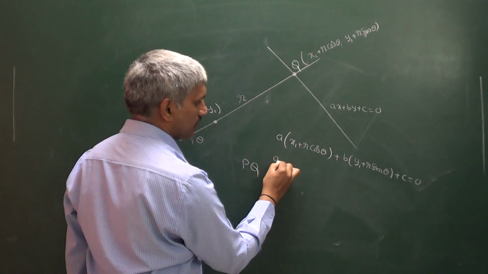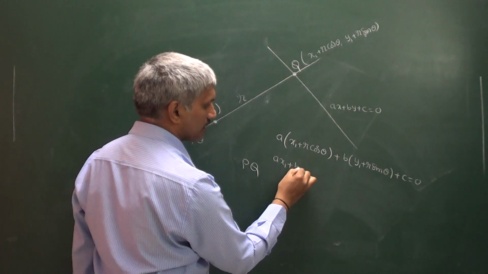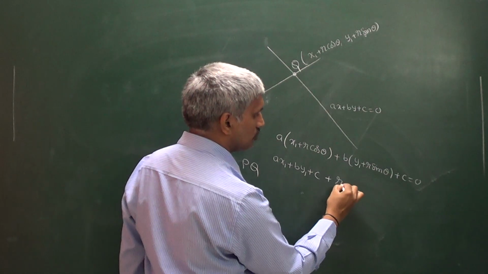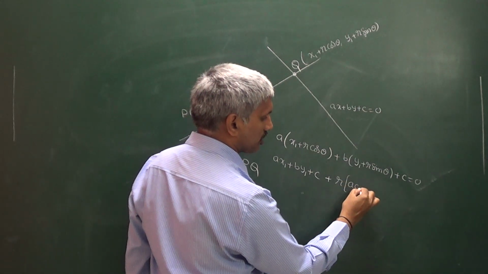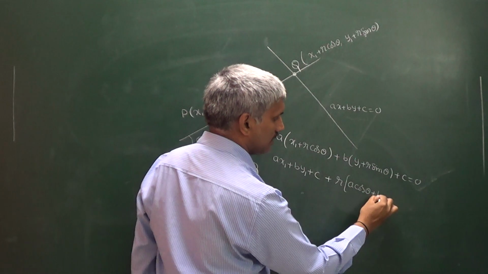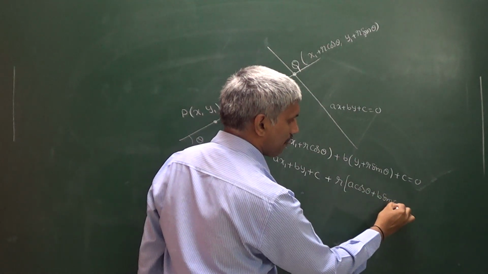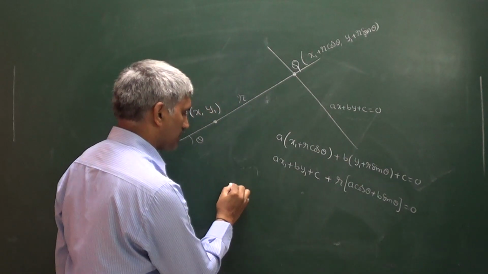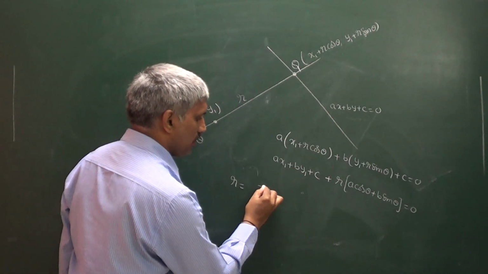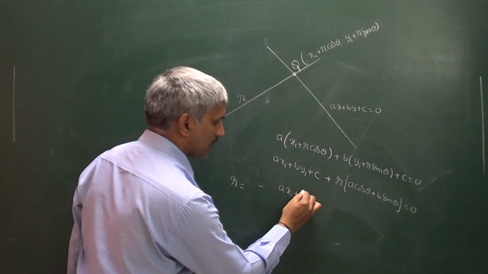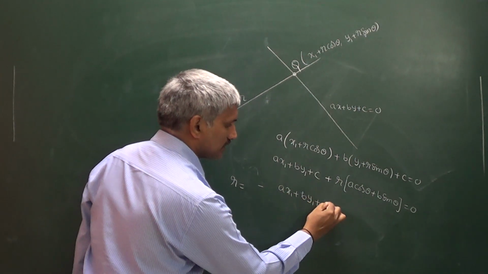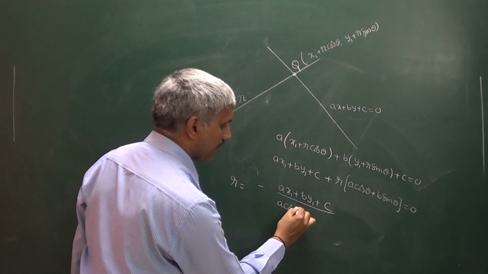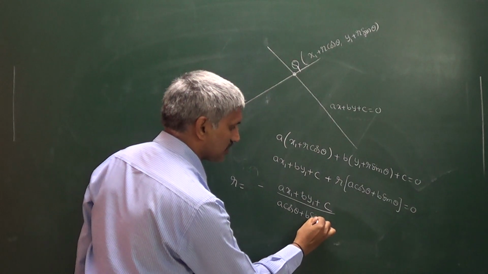Now I can write this as ax1 plus by1 plus c, plus r into (a cos theta plus b sin theta) is equal to 0. Therefore the value of r is equal to minus of (ax1 plus by1 plus c) divided by (a cos theta plus b sin theta).